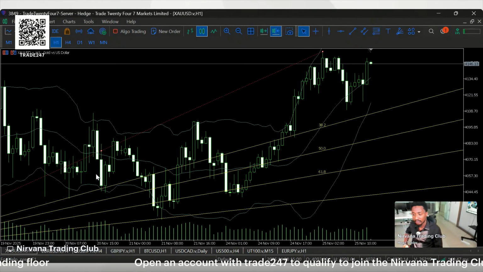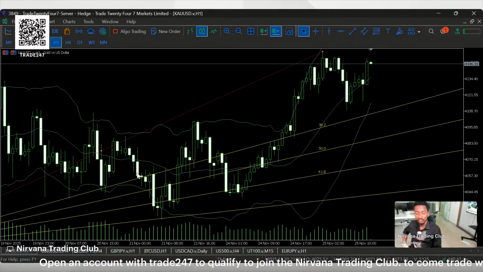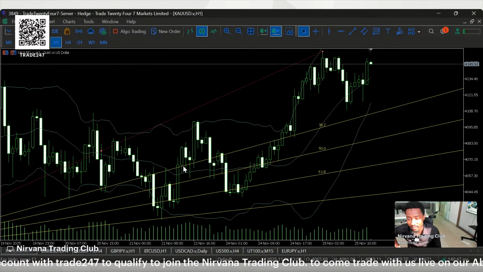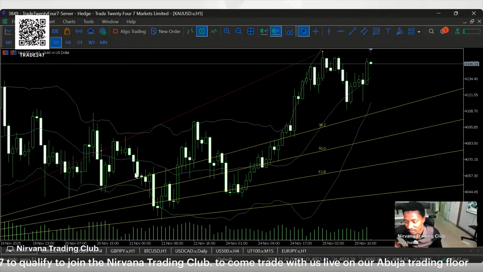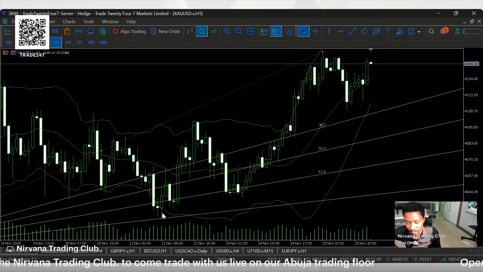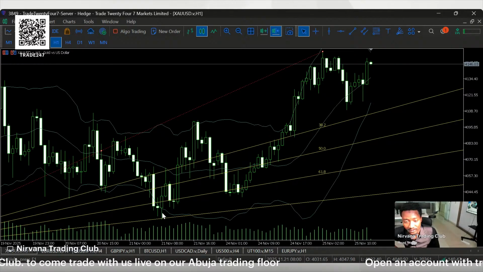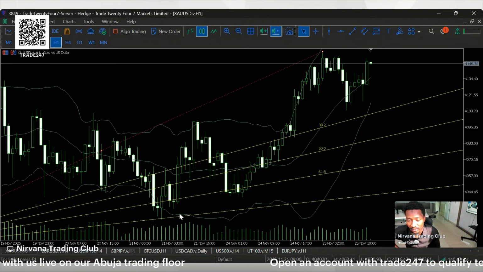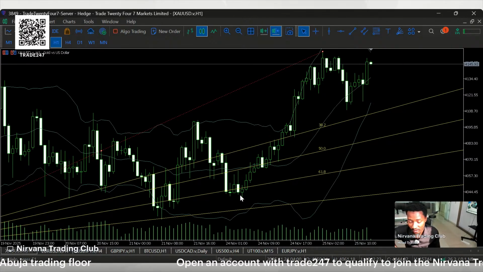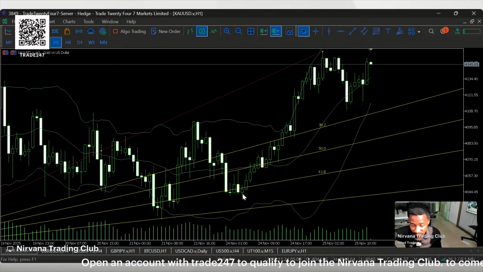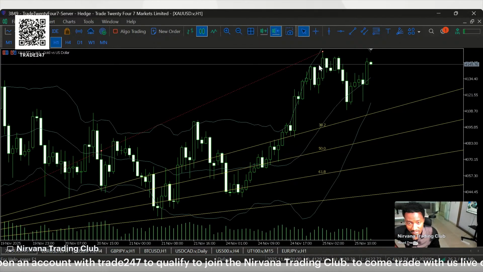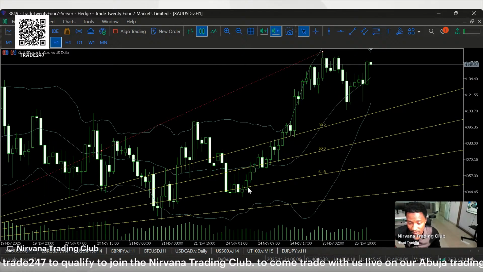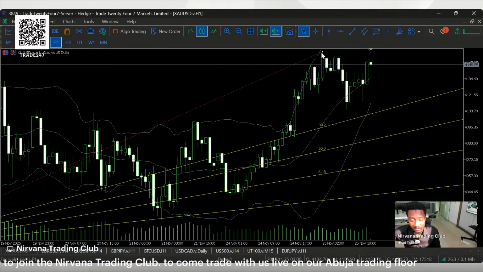As you can see from last week's low to this week's current high, gold has been respecting the 61, the 50, and the 38 fib regions. Just yesterday we tested the 61.8% fib level, and ever since it's been on a rise from here to this top.